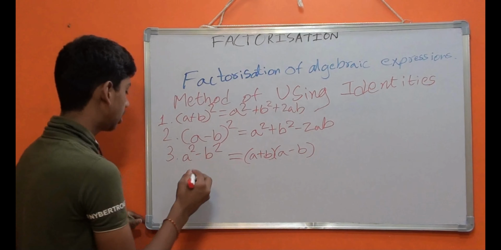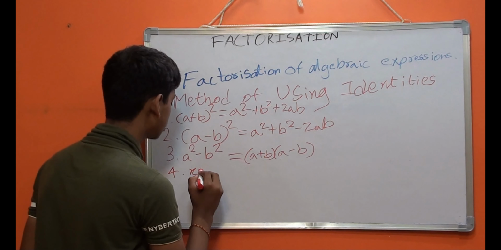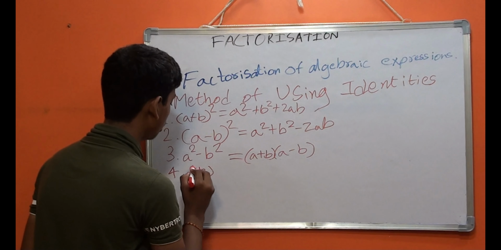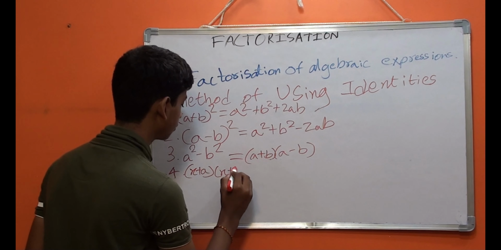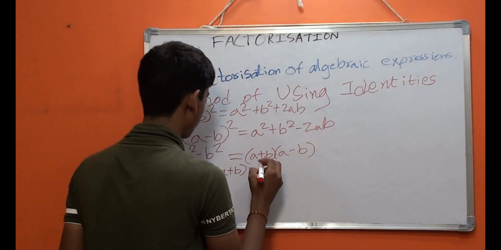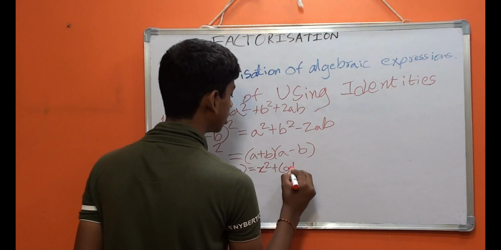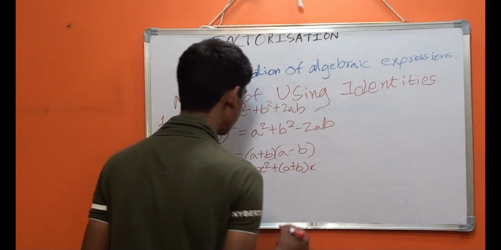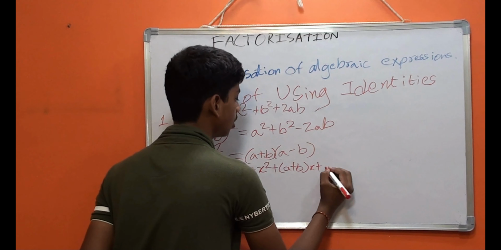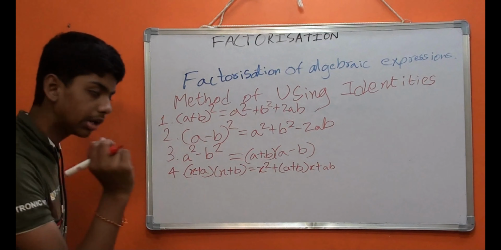So guys, let's go on to the final identity, which is (x plus a) into (x plus b). So this answer is x square plus (a plus b) multiplied by x plus ab. So this is the answer for this. Now let's see how.